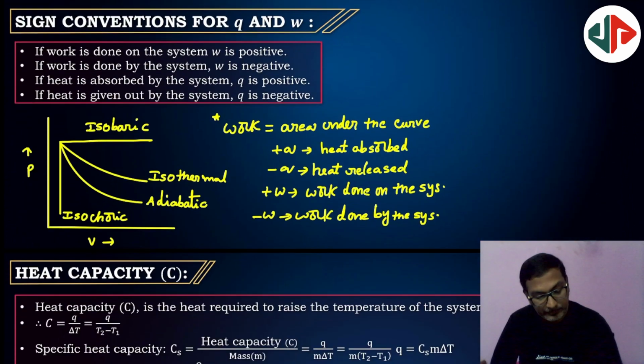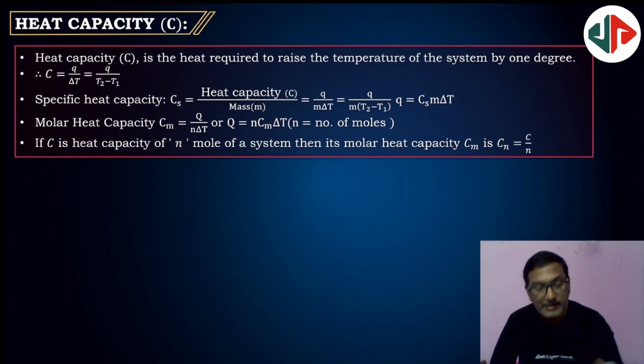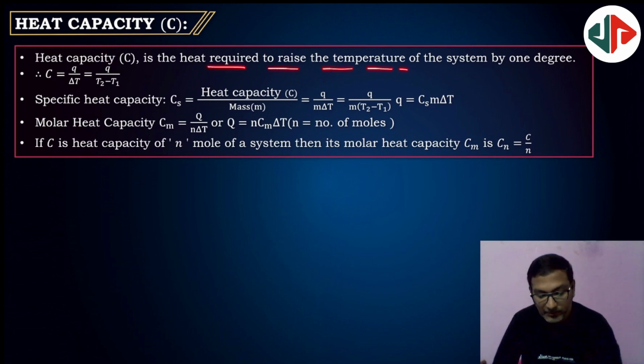Next, heat capacity. So heat capacity is the amount of heat required to raise the temperature of some amount of substance by 1 degree. Heat capacity C equals heat absorbed divided by change in temperature, T2 minus T1, delta T. Specific heat capacity is per mass of substance.